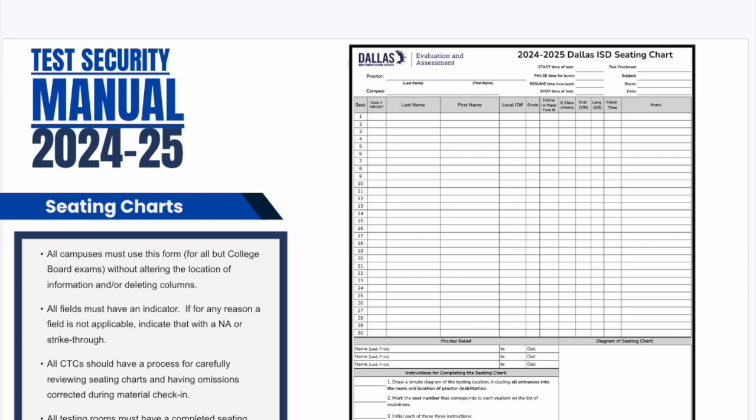If for any reason a field is not applicable, indicate that with an NA or a strike through. All campus testing coordinators should have a process for carefully reviewing seating charts and having omissions corrected during material check-in. All testing rooms must have a completed testing chart, including makeup and consolidated testing rooms.